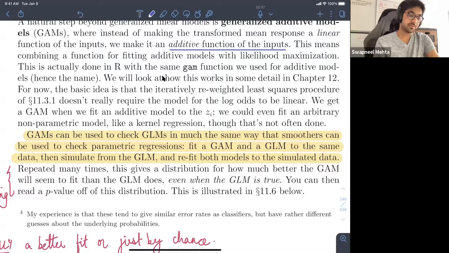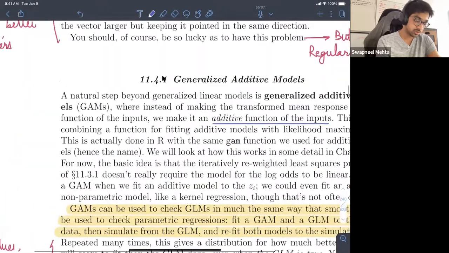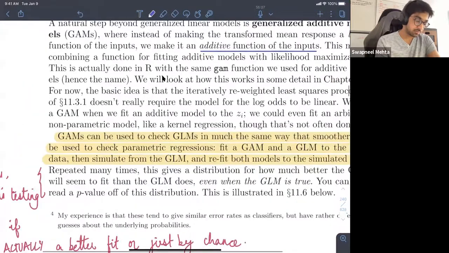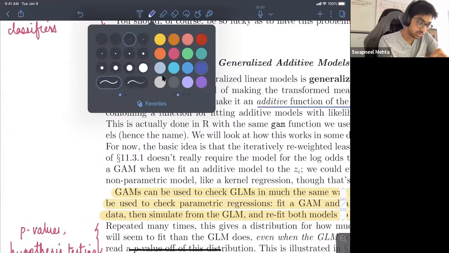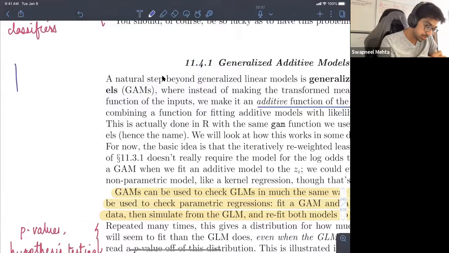So the same way we've done our simulation and model checking, you first fit both models to the data. Well, not both. Let me draw things. So what we do is you have some data, some xi, yi. You fit a generalized additive model, fit a GAM to the data. Sorry, fit a GLM. Right? GLM is a subclass. Fit a GLM.